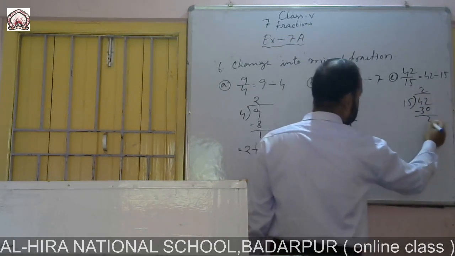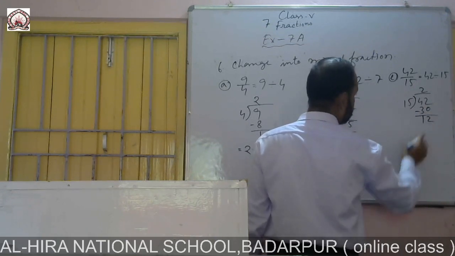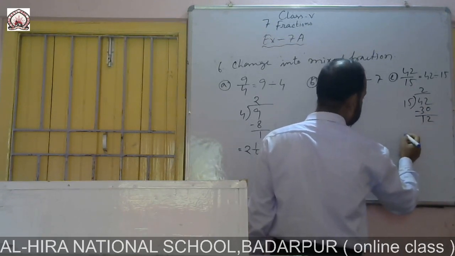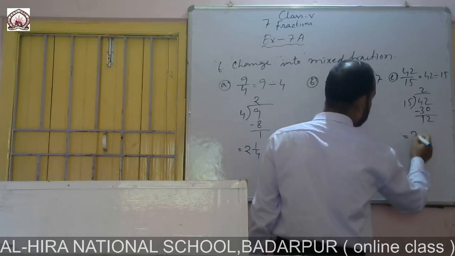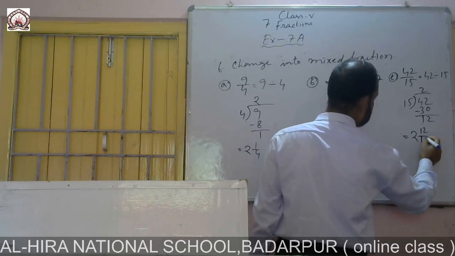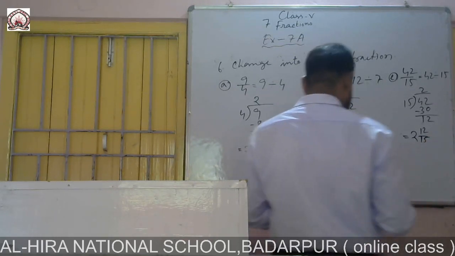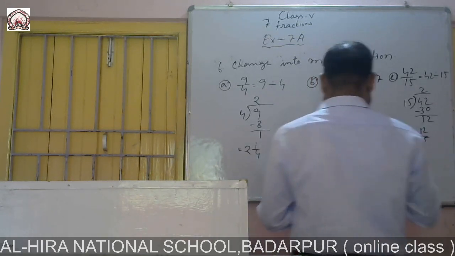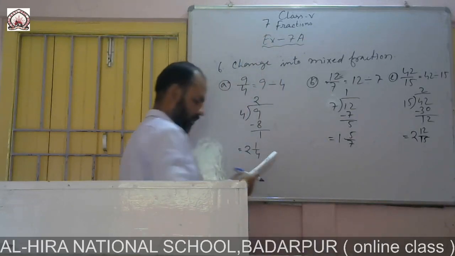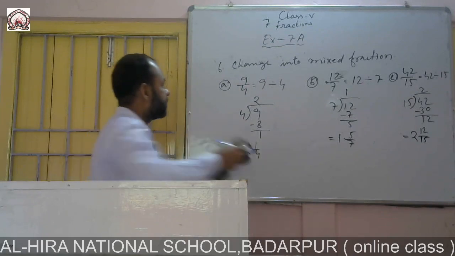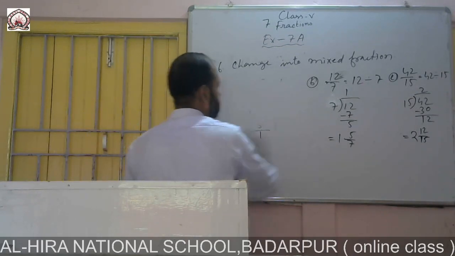We do minus, then 12. So the answer is the mixed fraction 2 12 by 15. Okay. Next, question number 7.